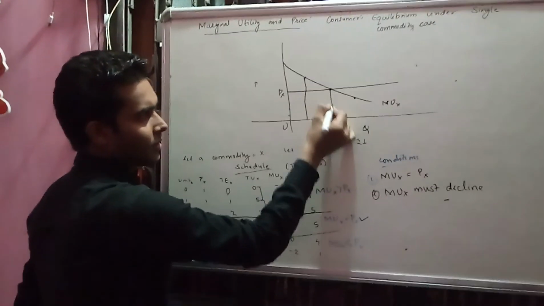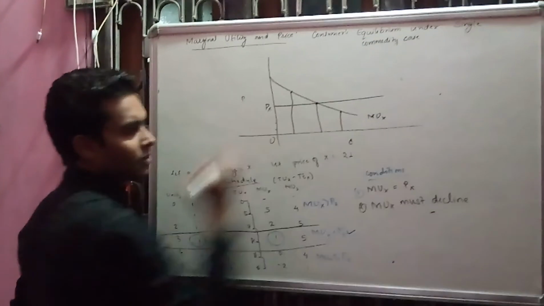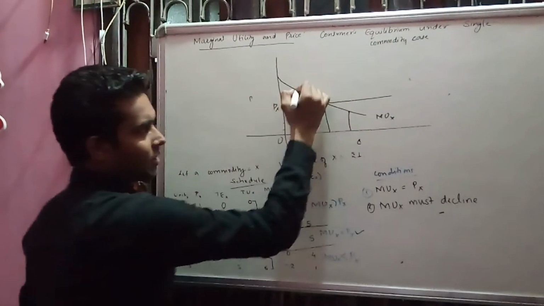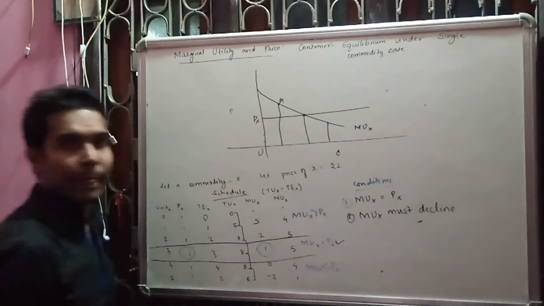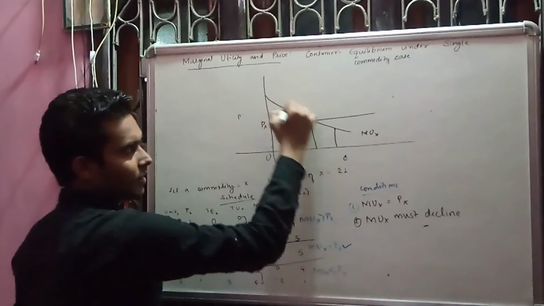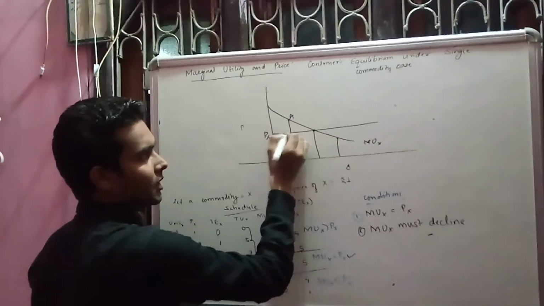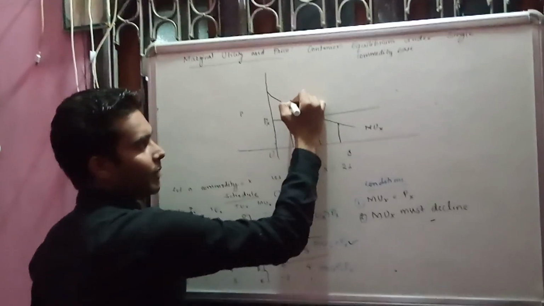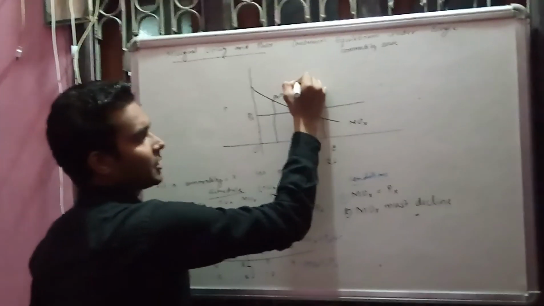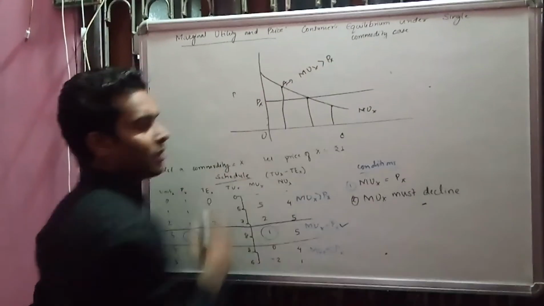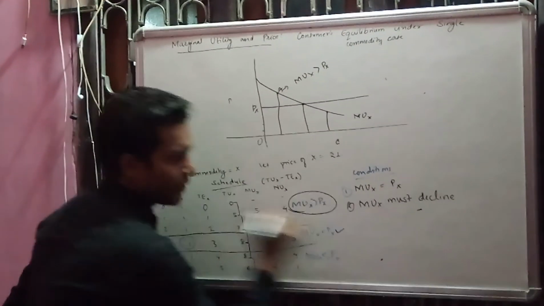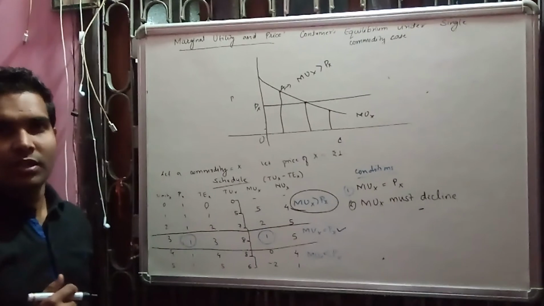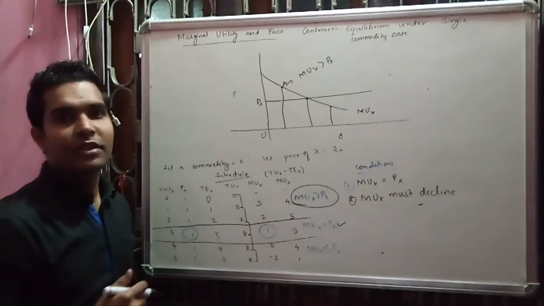First, second, third. In the first situation, let it be point A. This is marginal utility and this is price. So at point A, marginal utility is greater than price, in the state of profit. I am in a state of profit. So what will I do? I will consume more. Why?